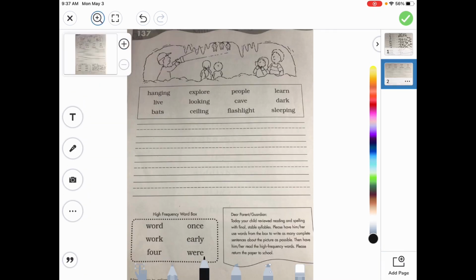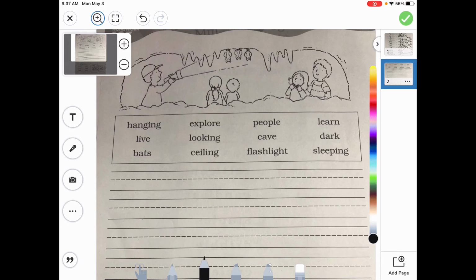All right, so we have a picture to look at, and we're going to make some sentences, okay? So remember, we can find our verbs by having that ing at the end, because that tells me I'm doing something. So I have hanging, looking, sleeping, okay? All right, so let's see what sentences we can make.